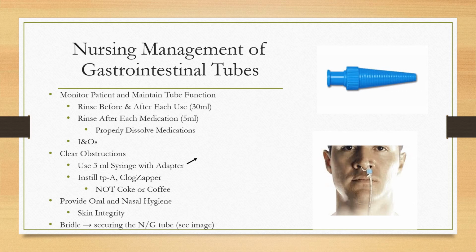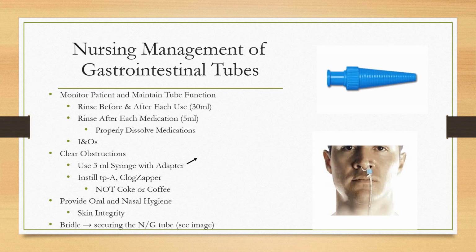So sometimes what we'll do is we'll just put some warm water in a syringe. So in a 60 ml syringe, and we'll just gently try and unblock the obstruction. Okay, we won't force it with full strength.